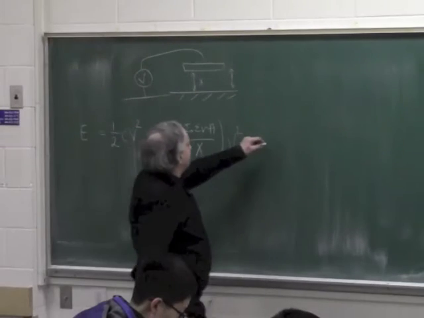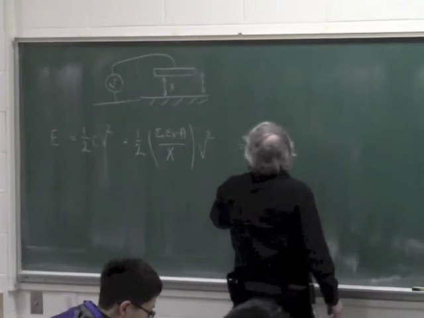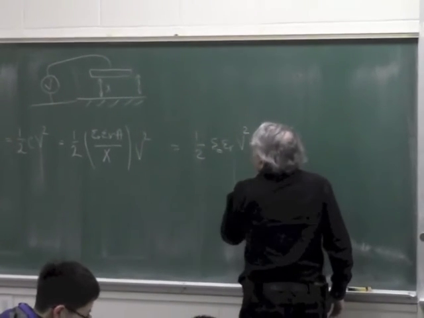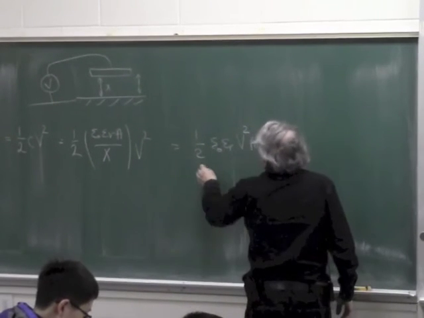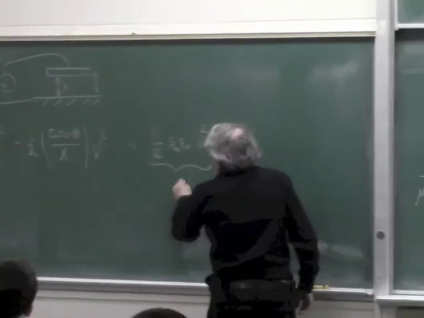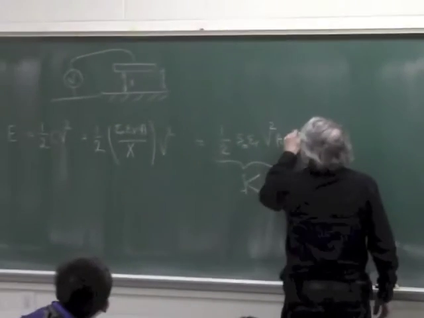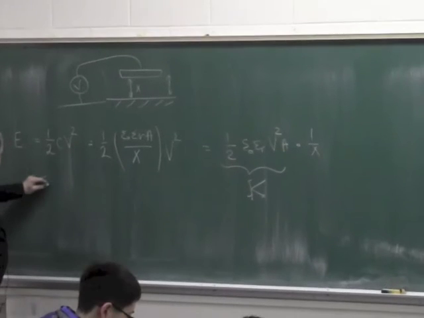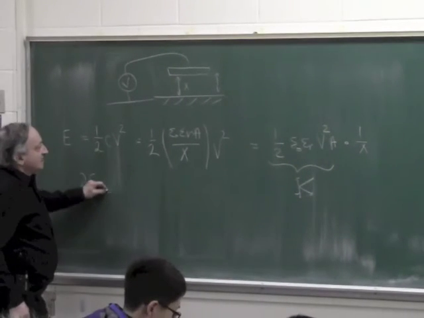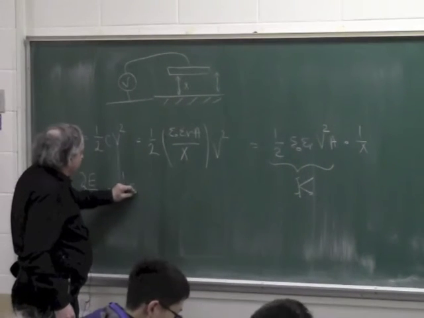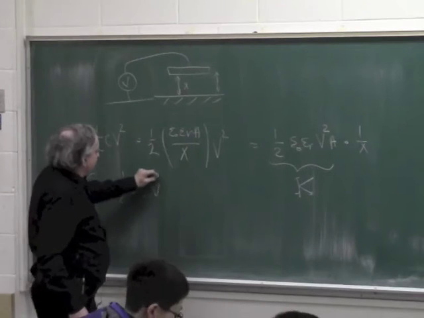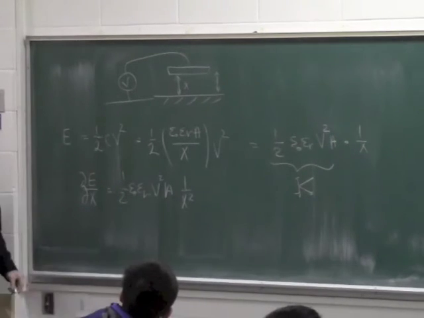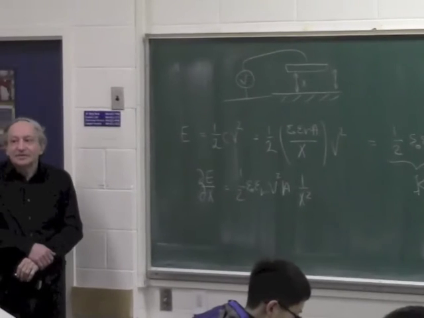First we rewrite it: 1/2 epsilon 0 epsilon r V squared A. All these are constants, the big K, times 1 over x. So the derivative is the same big constant, V squared A, times 1 over x squared, and that's the whole derivation. So here it's much simpler. Okay?